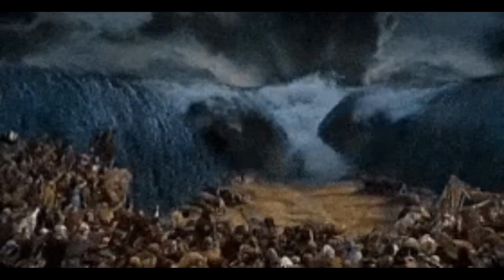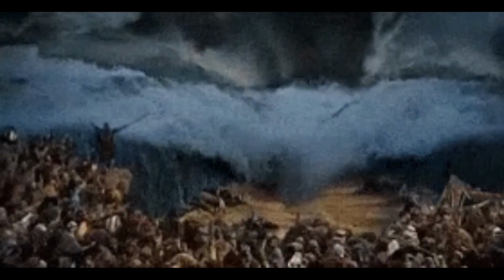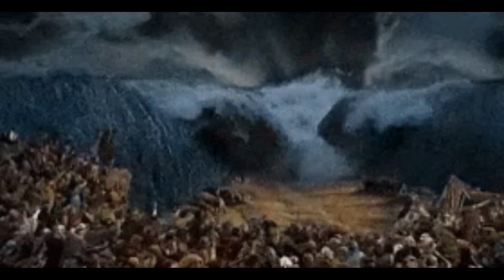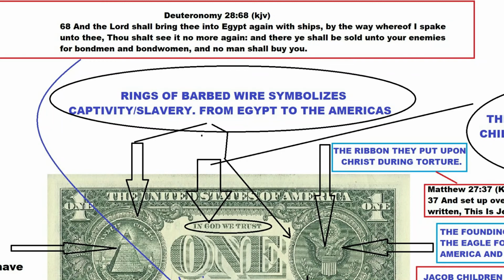I want you to jump down to 28. And the waters returned and covered the chariots and the horsemen and all the host of Pharaoh that came into the sea after them. There remained not so much as one of them. So that's Exodus chapter 14, verses 21, 22, going to 28.